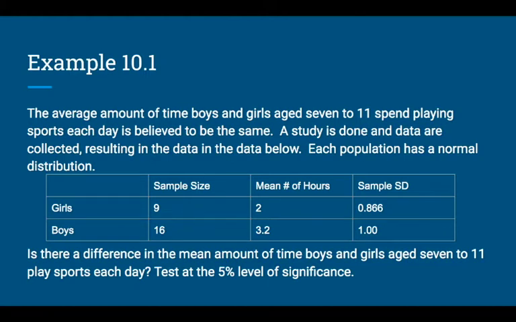The numbers in the table are not in the same order that you need to put them in your calculator. So just as you're doing these, be very careful not to go too fast and get the order wrong. The order we have to put them in is x bar 1, the first sample mean, and then sx1, the first sample standard deviation, and then n1, the sample size. So not in the correct order for the table, so be careful.